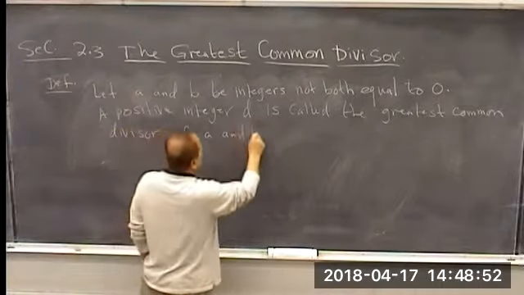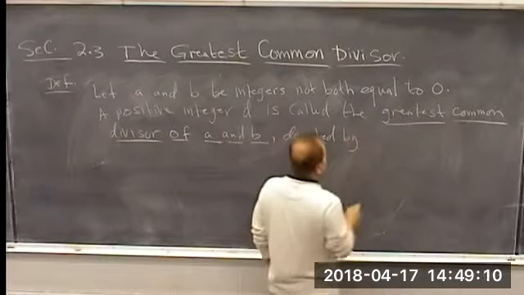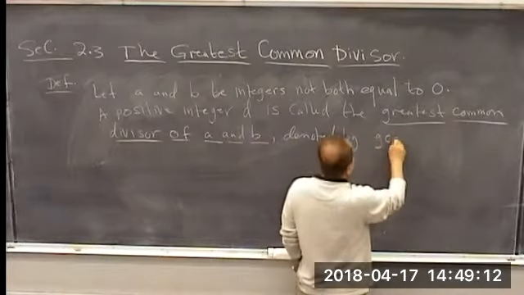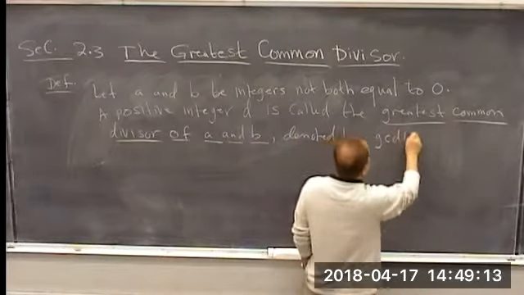Denoted by greatest common divisor of A, B equals D.